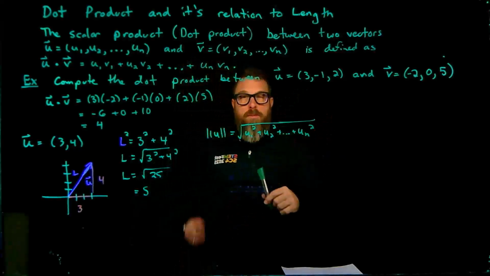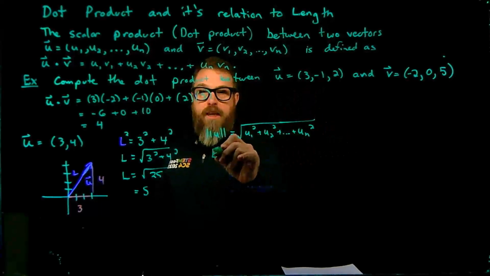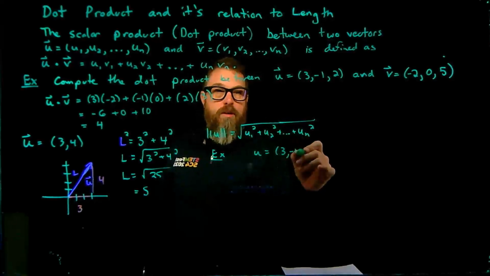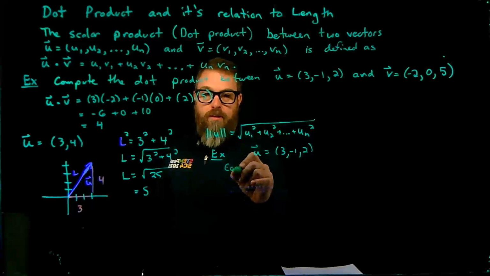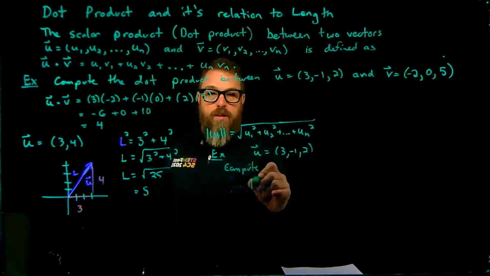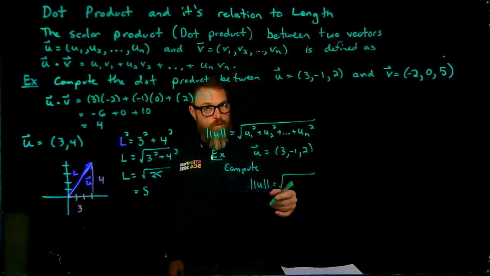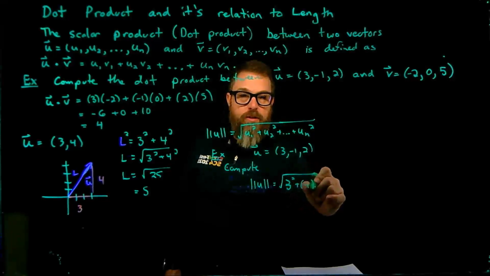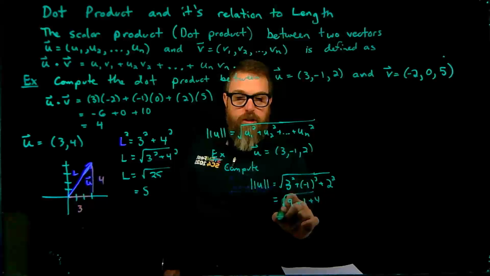So if I want to compute the magnitude of this vector u, for example, if u is equal to 3, negative 1, 2, what is the magnitude of u? Compute the magnitude of u. Well, this is going to be the square root of the sum of the squares of its components, so this is going to be 3 squared plus negative 1 squared plus 2 squared.